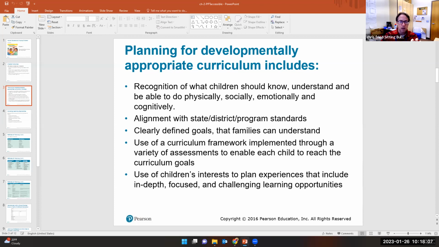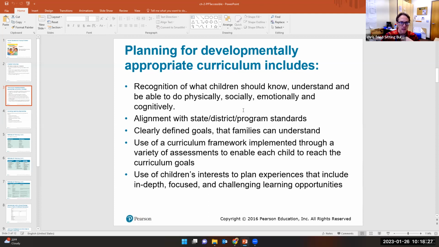We align what we're going to do with our state standards if we have them or use them, and district program standards: early learning standards for those of you in pre-K and below, and state standards for those of you who would work in kindergarten and above.